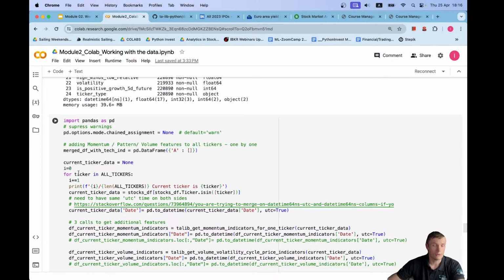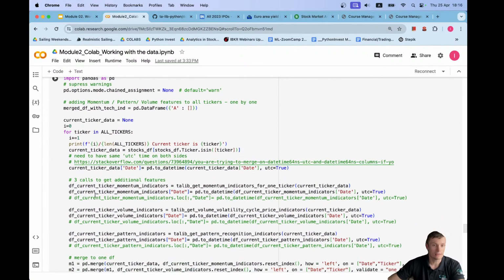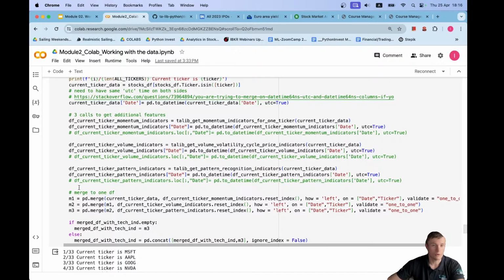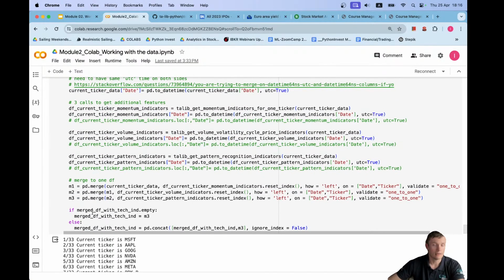We go one by one. For each ticker, I generate momentum indicators, volume indicators, and pattern indicators, and I merge all of them together into one data frame, and then I merge that data frame with the initial stock data frame.